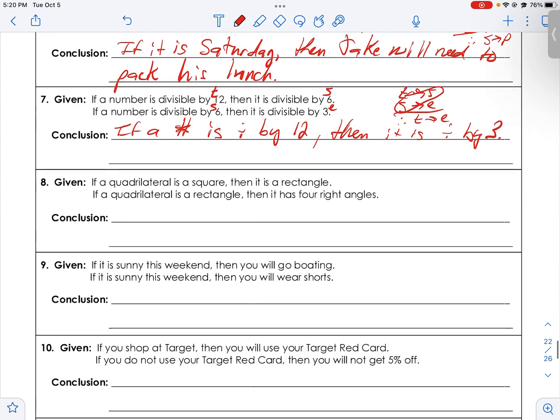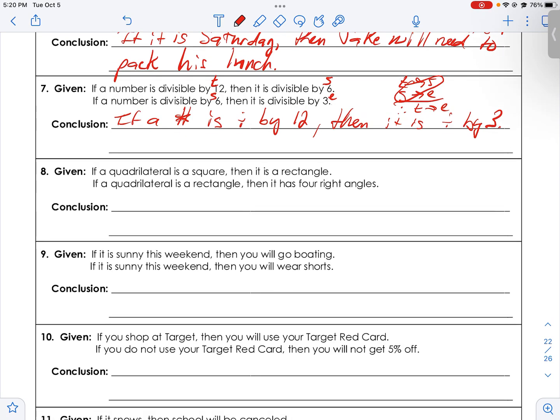These are getting long, so I'm starting to write them in symbols. Let's check out a few more. If a quadrilateral is a square, S, then it is a rectangle, R. If a quadrilateral is a rectangle, R, then it has 4 right angles, F. So if S, then R. If R, then F. We got a link.